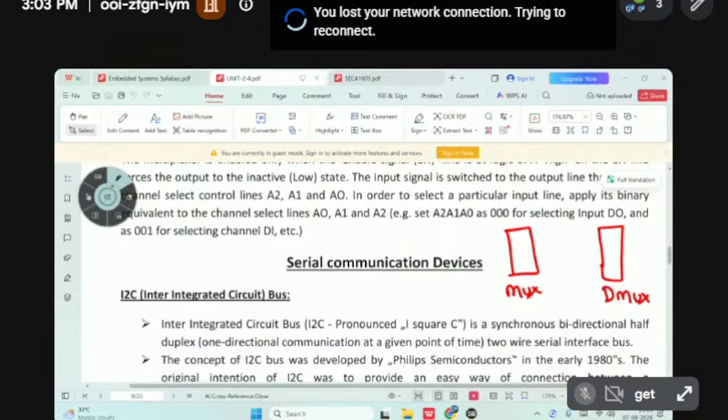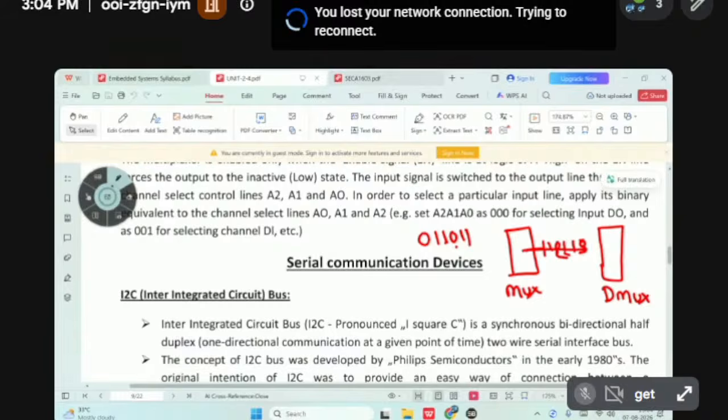This is called serial communication or serial communication devices, right?